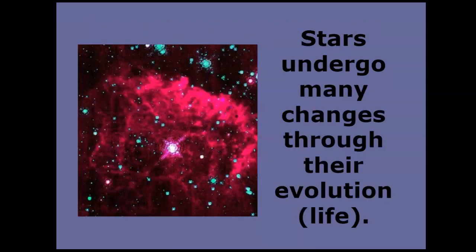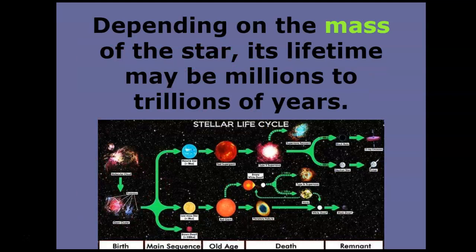Now through the entire star's life, there are many changes that take place. If we look at stellar evolution, the life cycle and the lifespan of the star depend upon the mass. A smaller-mass star, such as our sun, will actually live longer than large-mass stars.